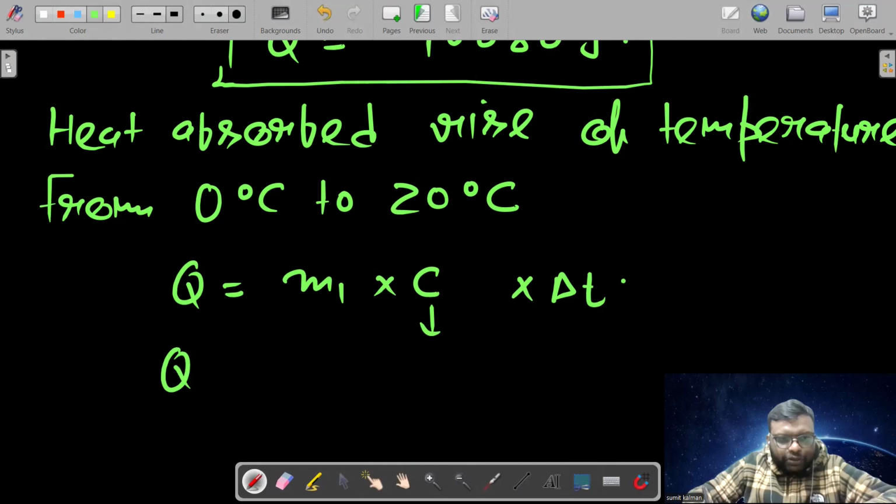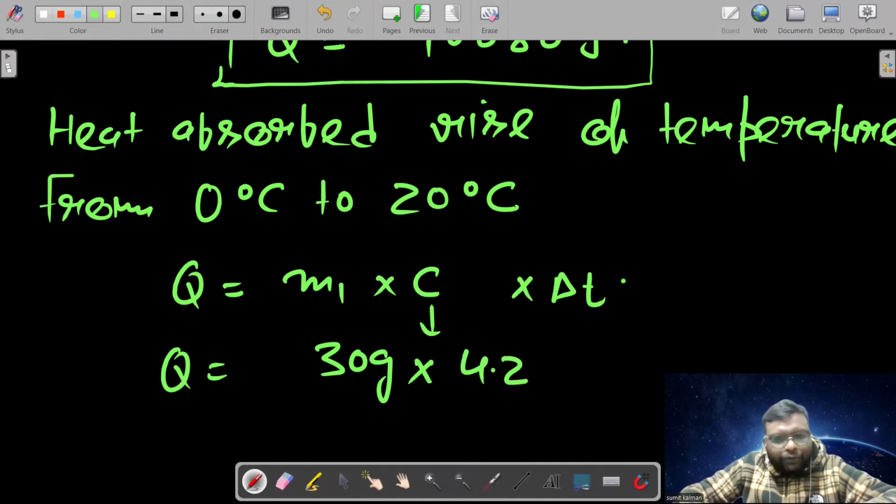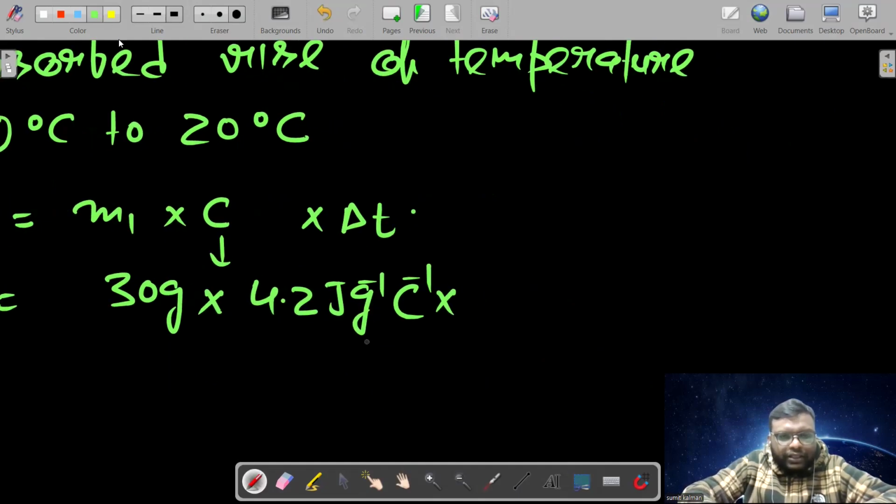So here Q is equal to 30 gram into the specific heat capacity of water, which is 4.2 joule per gram per Celsius, into the change in temperature, which is 20 degrees Celsius, from 0 to 20.